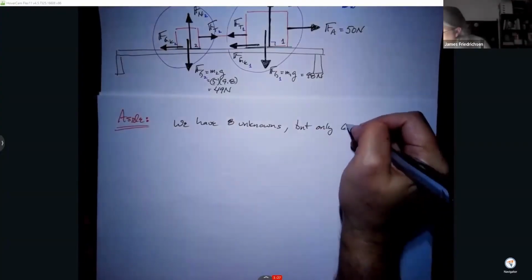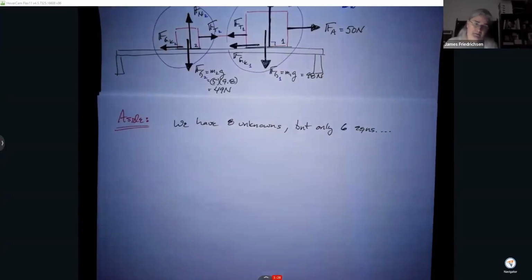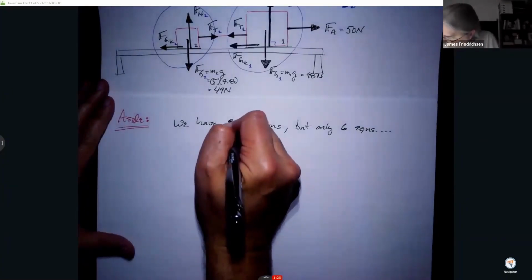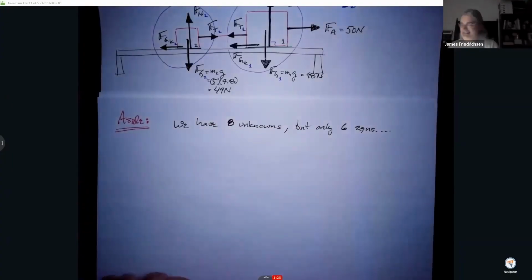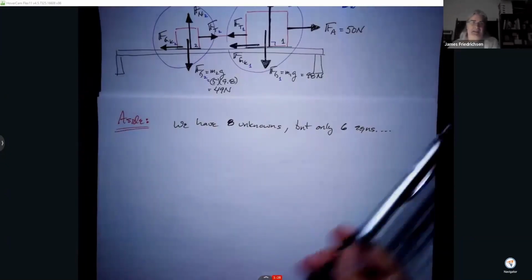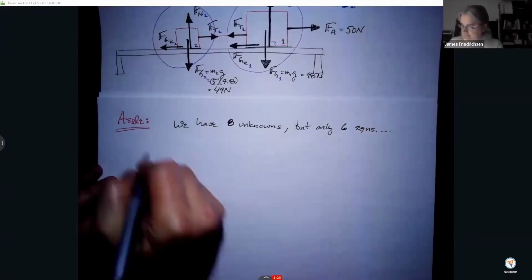If you remember from algebra class, in order to solve for 8 unknowns, we need how many equations? We need 8 equations, 8 linearly independent equations, if you get picky about it. We only got 6. So what are we going to do? How are we going to solve this?